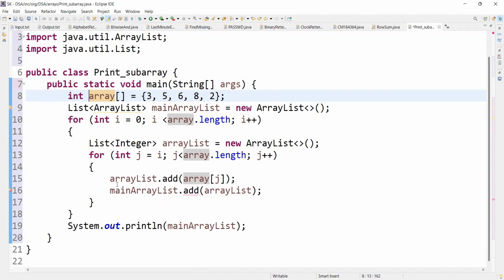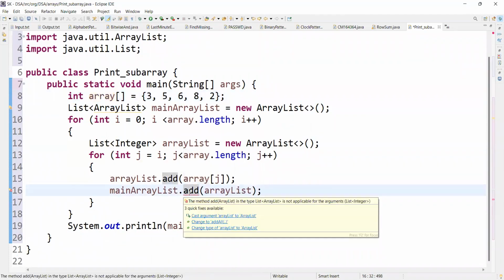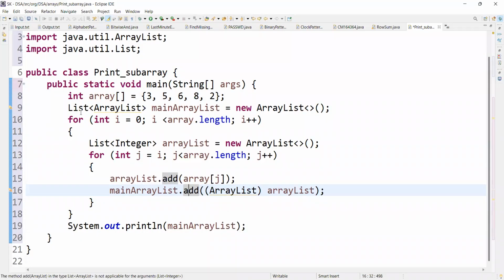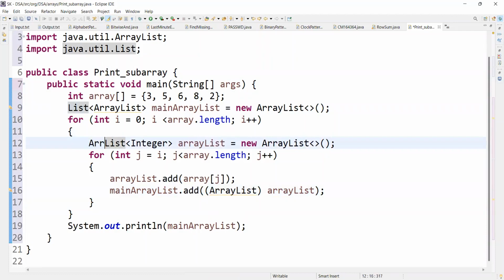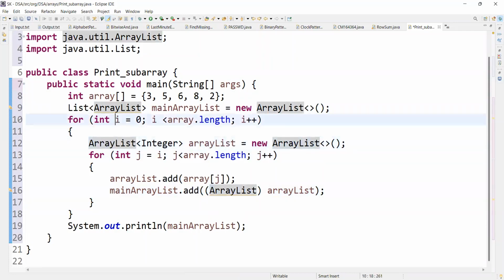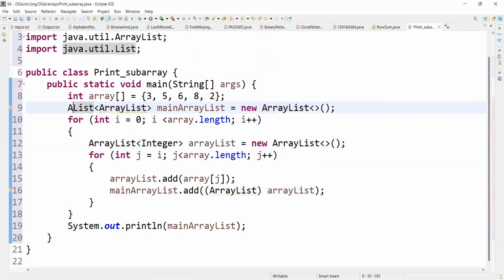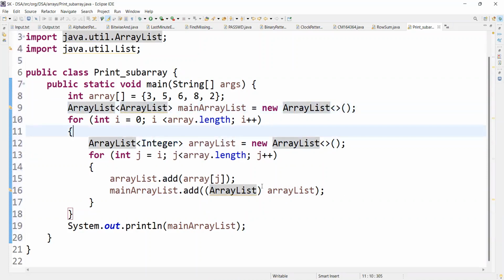Then you are doing arrayList.add(array[j]). Better, instead of initializing as a list, make it an array list. It will work better. No need for this.